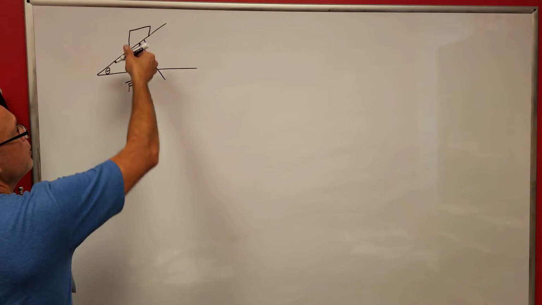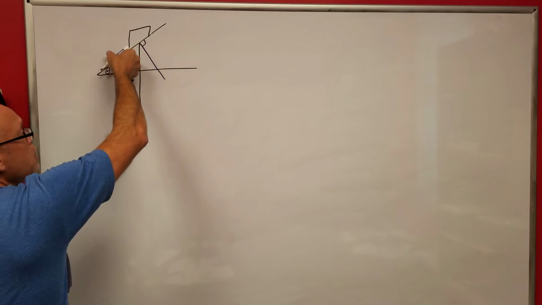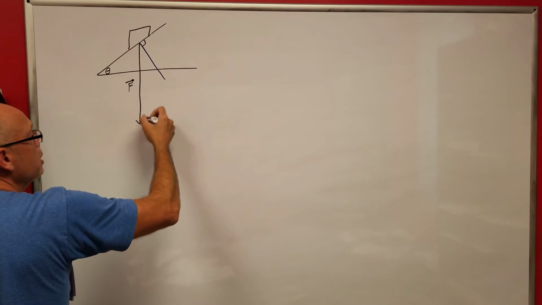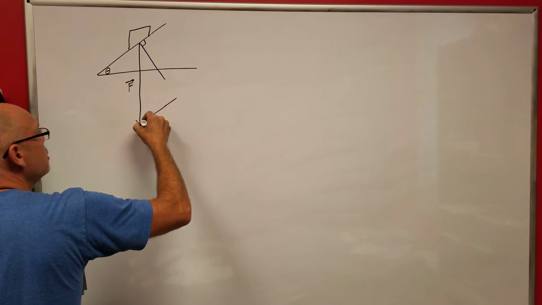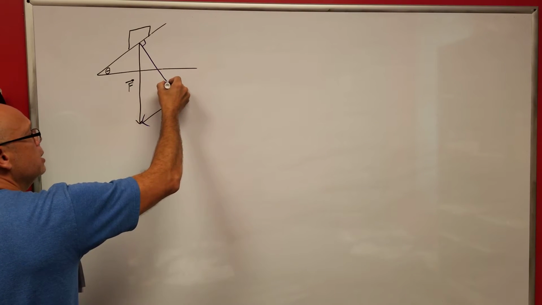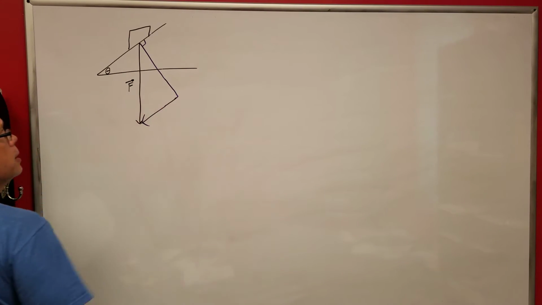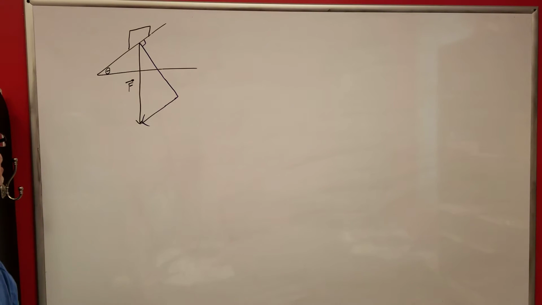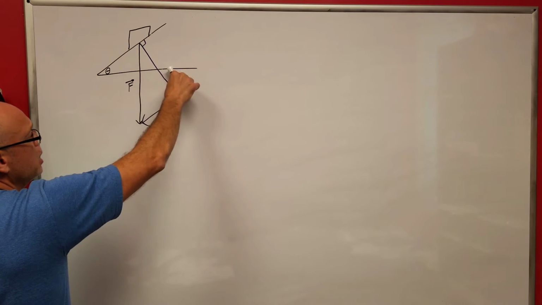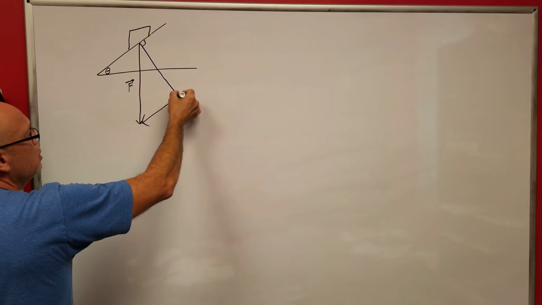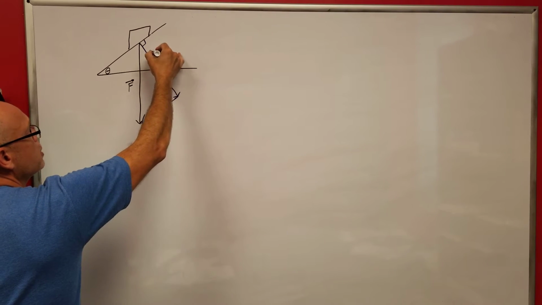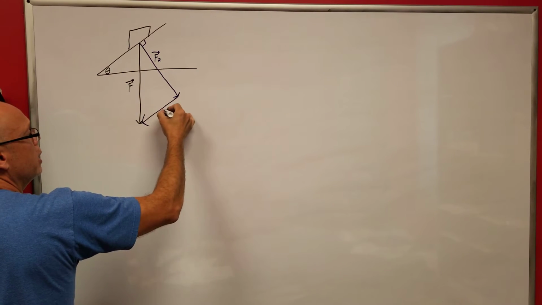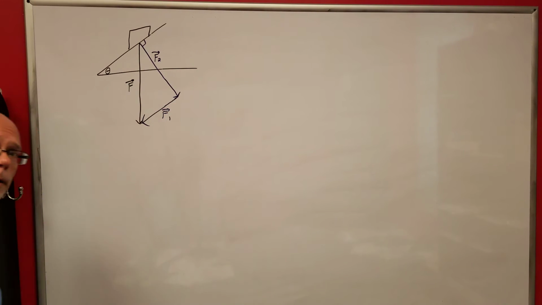And I'm going to think of a vector that is parallel to this inclined plane, but I'm going to put it over here. These two vectors will form two vectors like this, which we could call vector f subscript 2 and vector f subscript 1, okay?